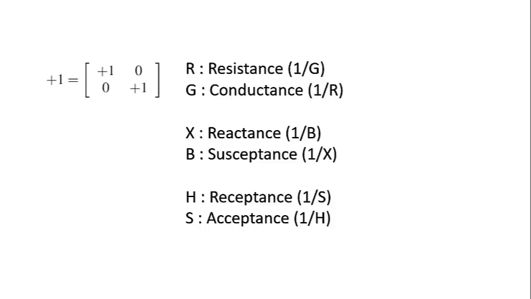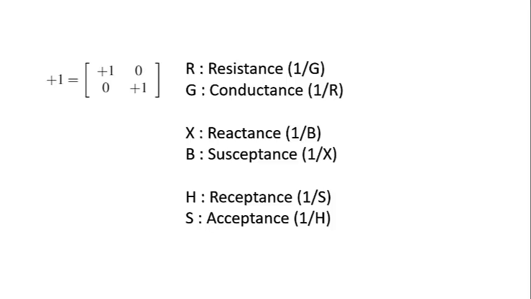And in terms of modified complex numbers, both resistance and conductance occupy the forward diagonal of the complex numbers, and they both have the positive sense.